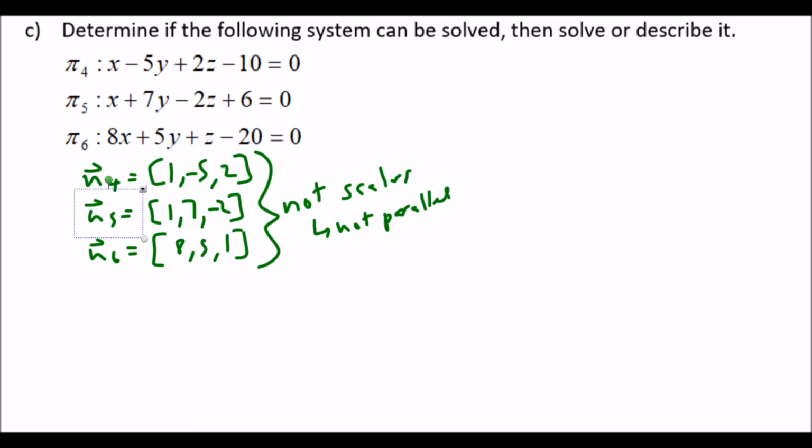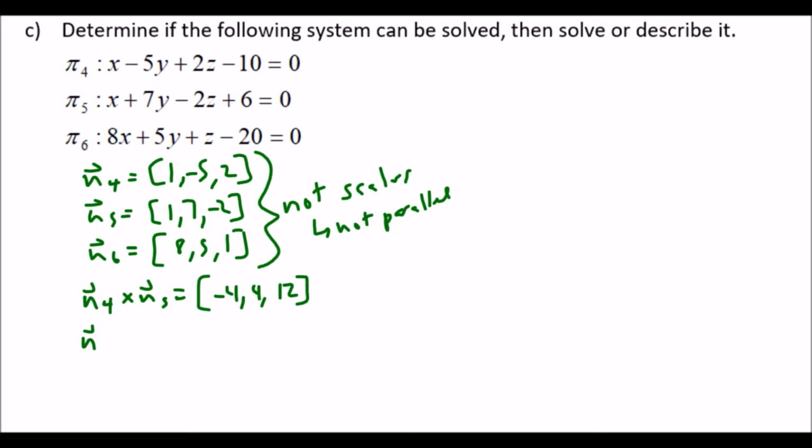All right, what do I do then? Well, I'm going to cross N4 with N5 to check if they're coplanar. I'm not going to show you this work because we've done lots of cross products, so I'm just going to write the answer. It is -4, 4, and 12. If you want to check it out, it's in the notes online, but I'm not going to show it here.